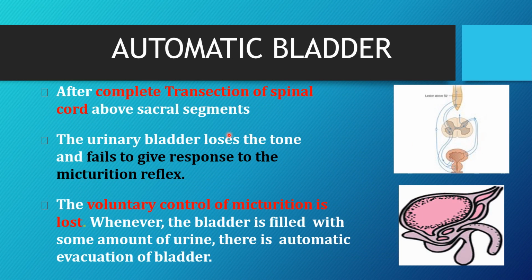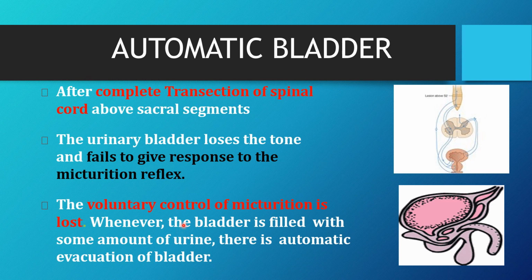Automatic bladder is seen after complete transection of the spinal cord above the sacral segments. The urinary bladder loses tone and fails to respond to the micturition reflex. The voluntary control of micturition is lost. Whenever the bladder is filled with some amount of urine, there is automatic evacuation of the bladder.